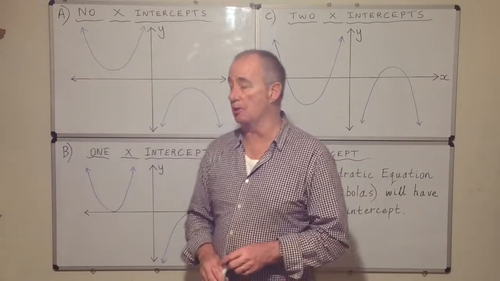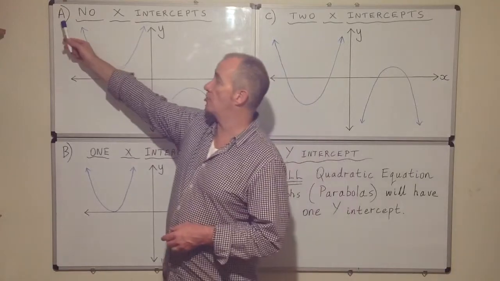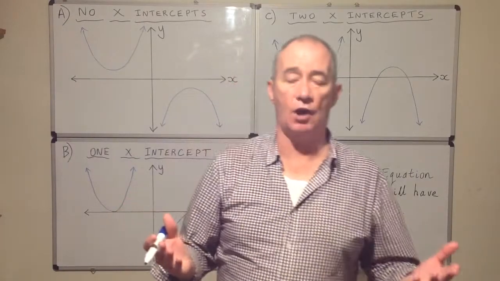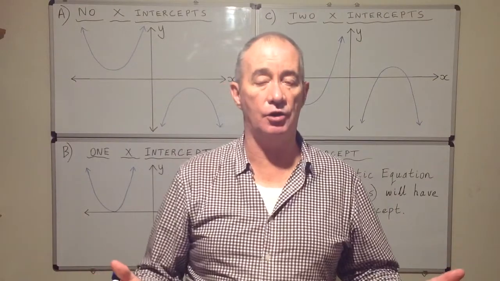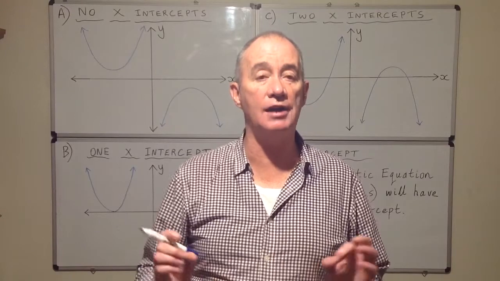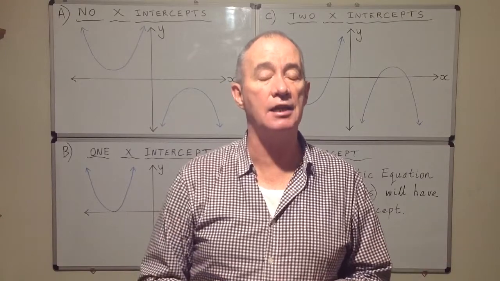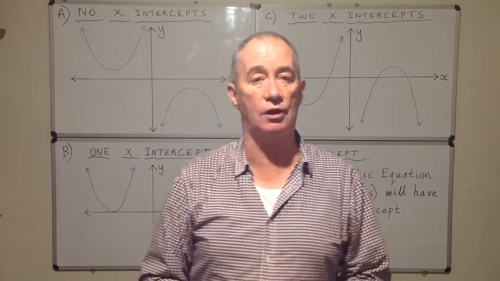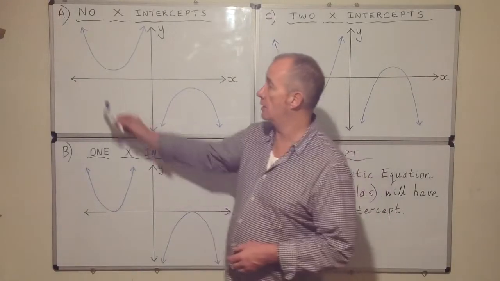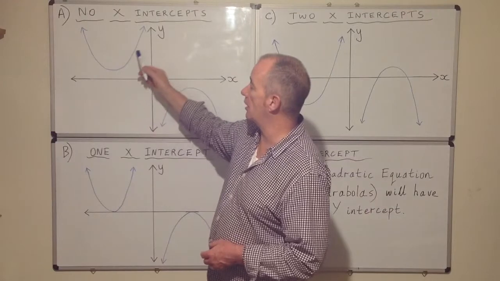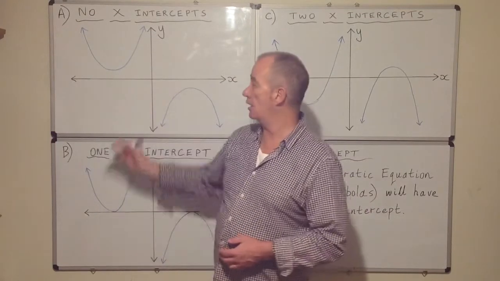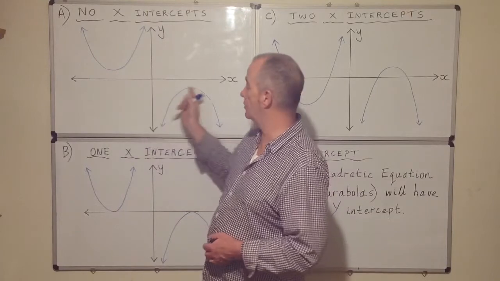The first possibility is possibility A. Some quadratic equation graphs or some parabola curves have no x-intercepts. In other words, they don't touch or cut through the x-axis or through the horizontal axis at all. I've drawn two examples here. This parabola curve here has a turning point right there. It doesn't touch the x-axis.